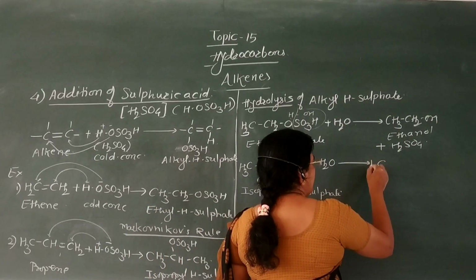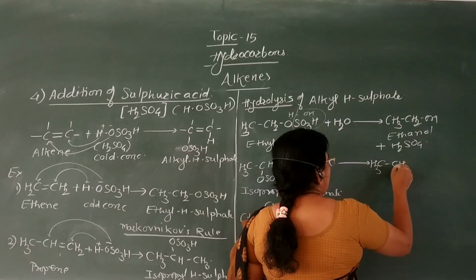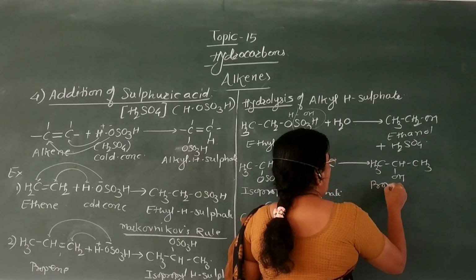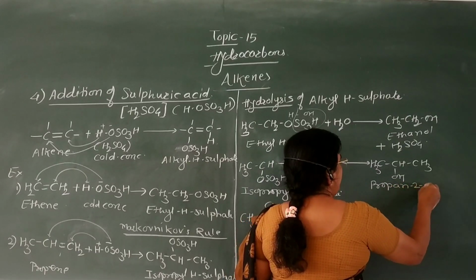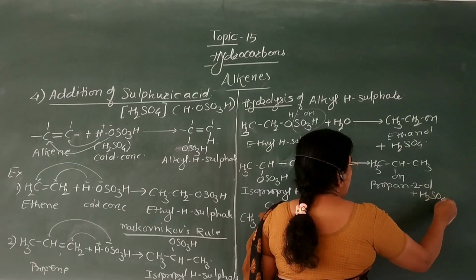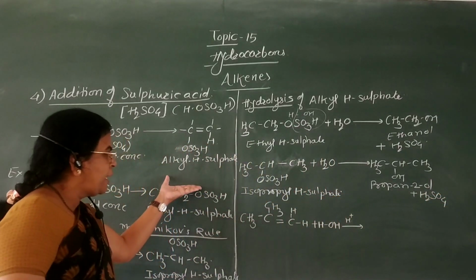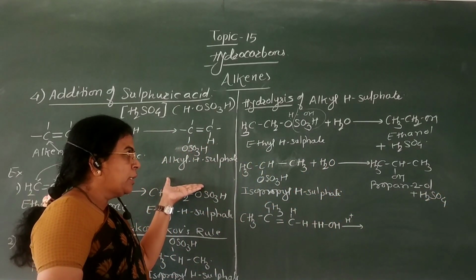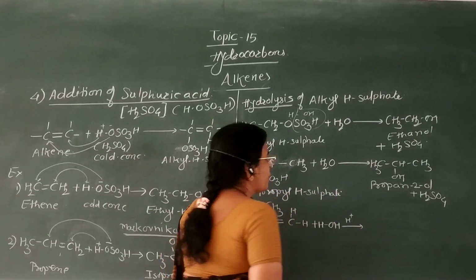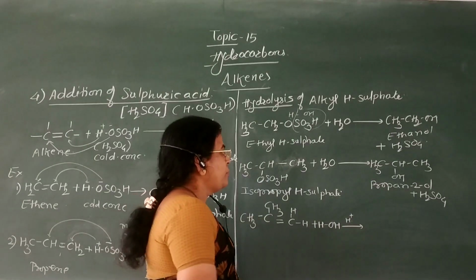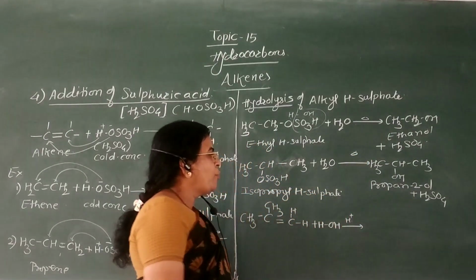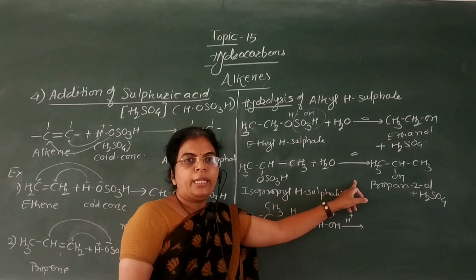That is, here we will get CH3CHOHCH3, that is propan-2-ol, or isopropyl alcohol, plus H2SO4. That is, when this alkyl hydrogen sulfate undergoes hydrolysis, or addition of water molecule, and the reaction mixture is heated, then formation of alcohol takes place.